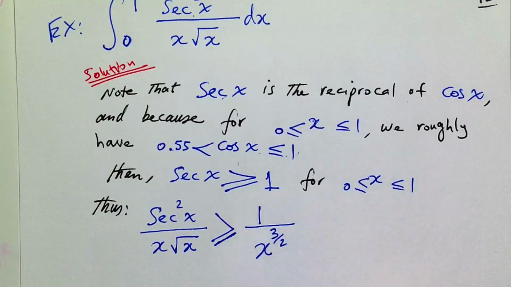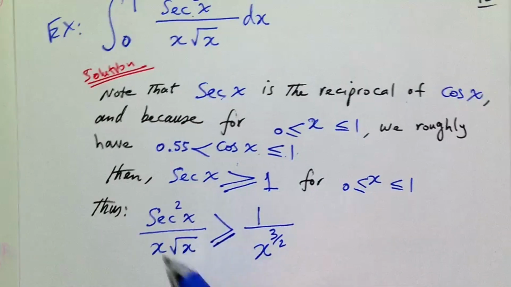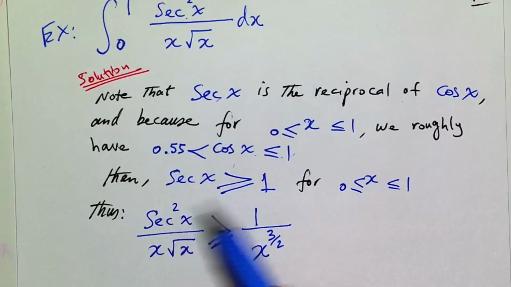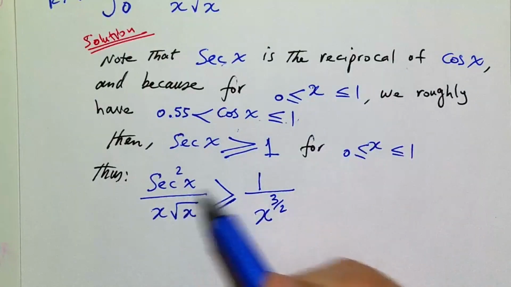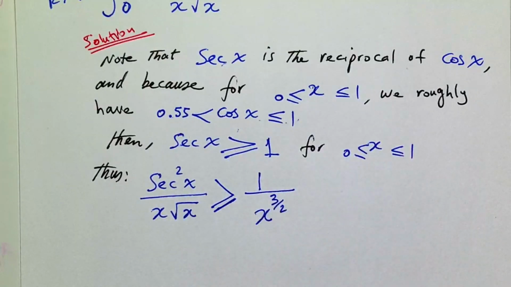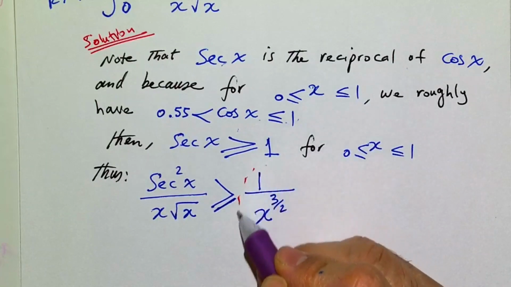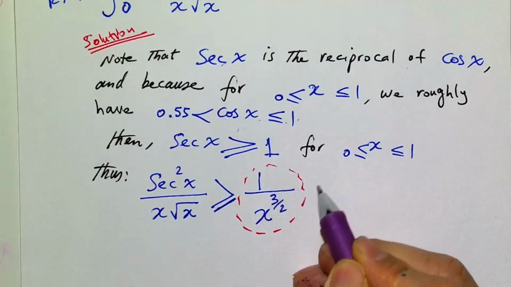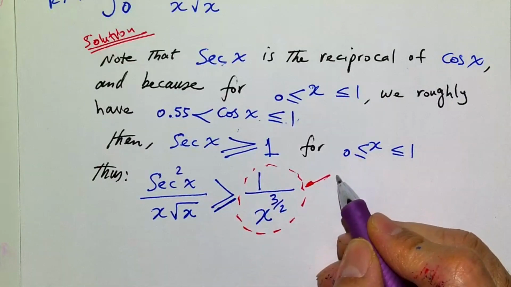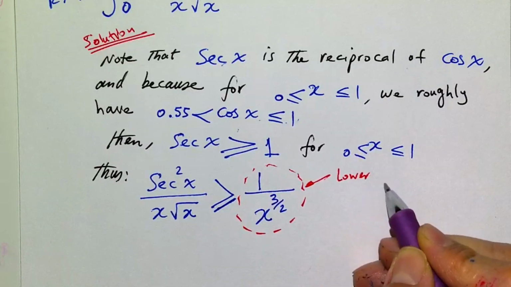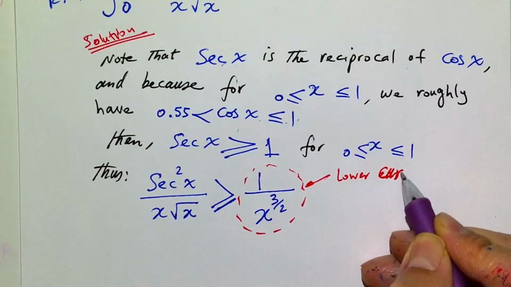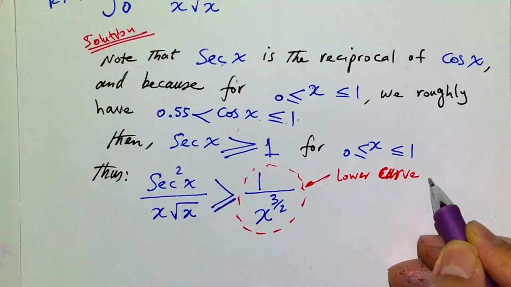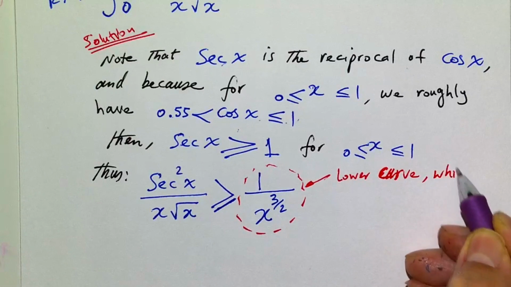So therefore, this curve is going to be a lower curve with respect to the curve that we have, right? So this is going to be a lower curve for us, which is easier to integrate.